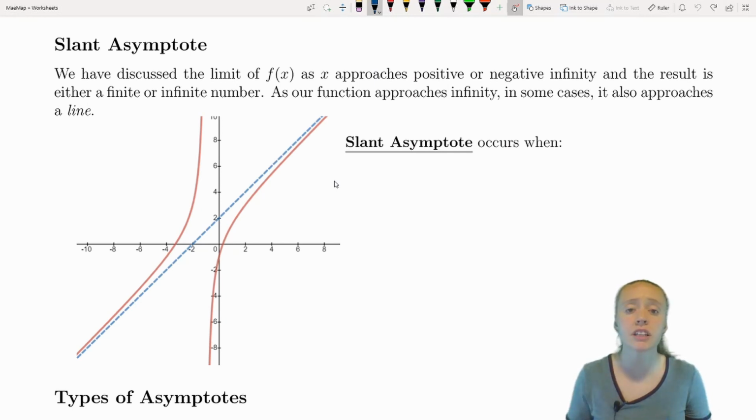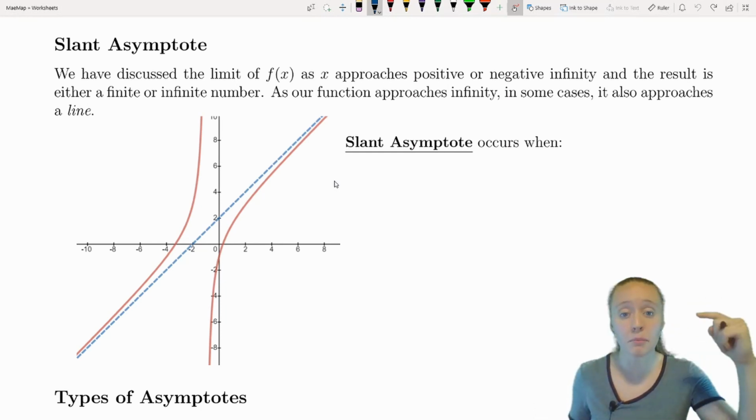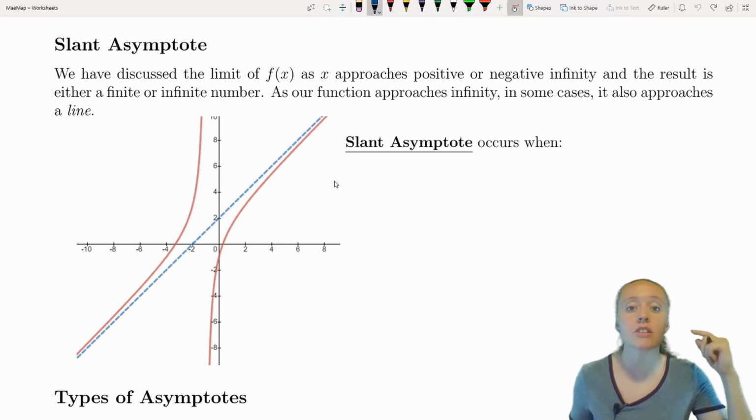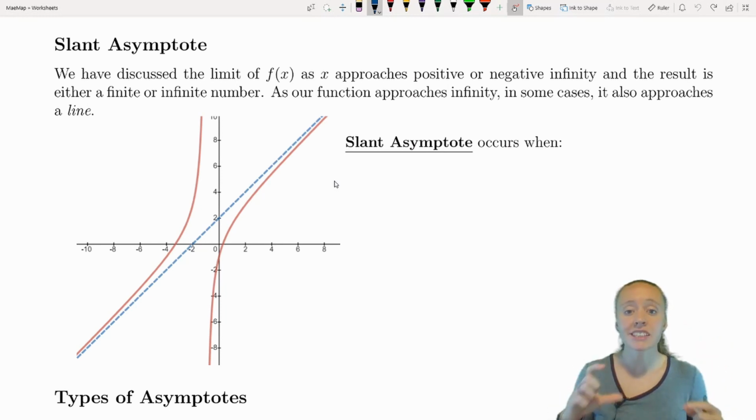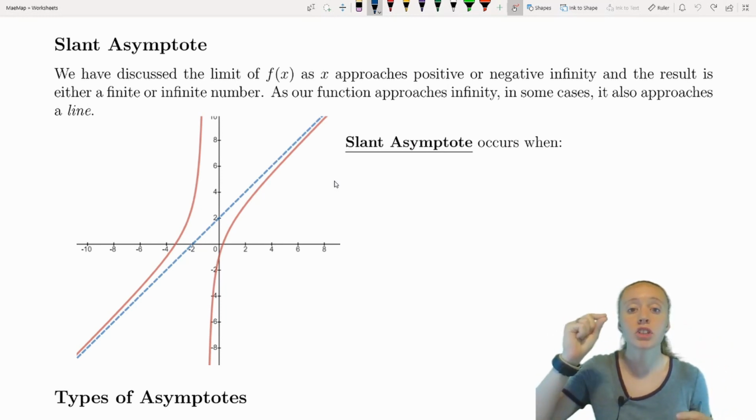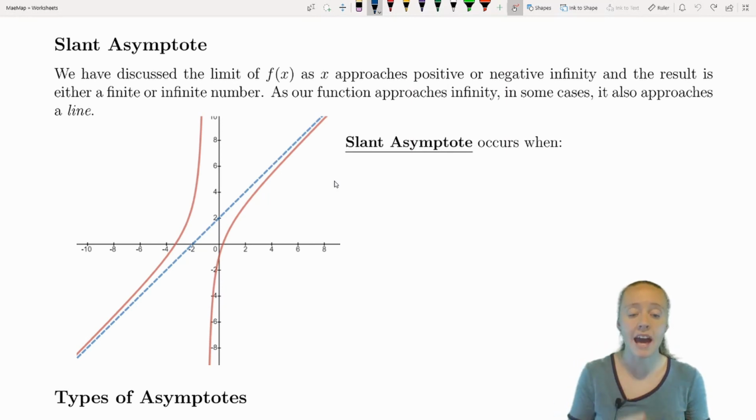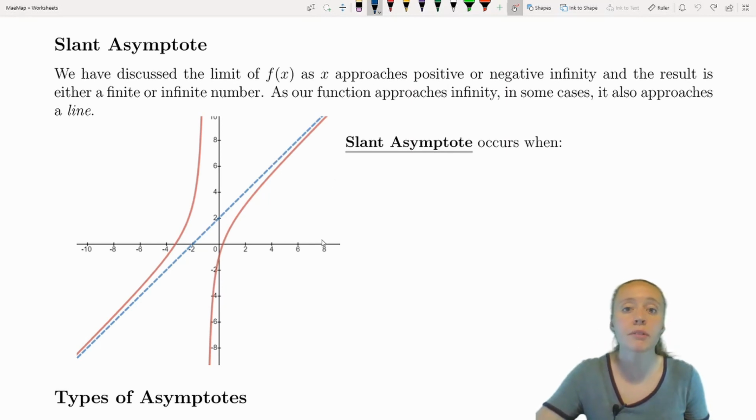So if my highest degree in my numerator was 4, in order to have a slant asymptote, the degree of the denominator would need to be 3. If my denominator had a degree of 2, that means my numerator has to be 1 more, so my numerator would have to be a degree of 3. Whenever the numerator is 1 degree higher than the denominator, we have a slant asymptote. So I'm going to make a note of that.